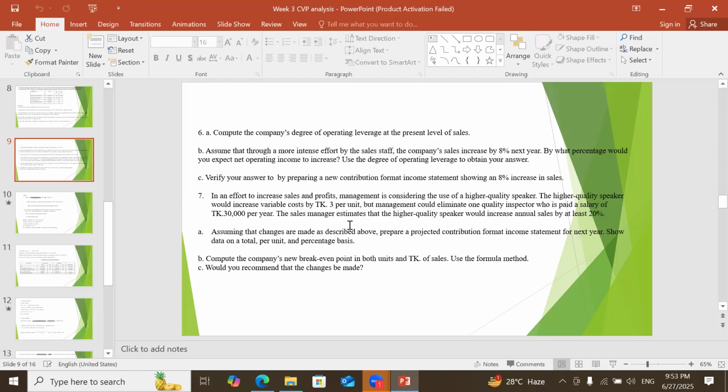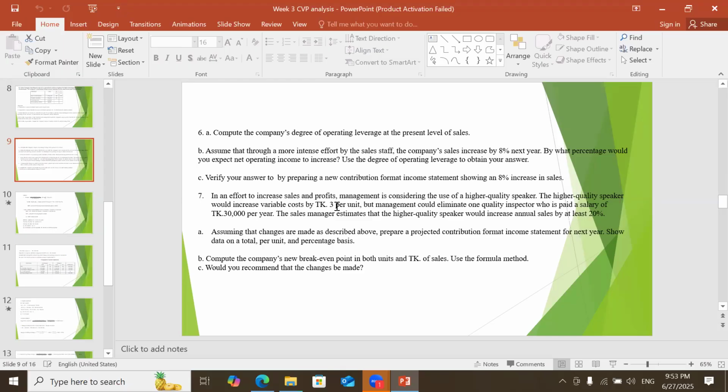The sales manager estimated that the higher quality speaker would increase annual sales by at least 20%. Now, in this condition, the sales will increase by 20%. So there are four conditions here. At first, manager increases the quality of the speaker, and increases the variable cost per unit.